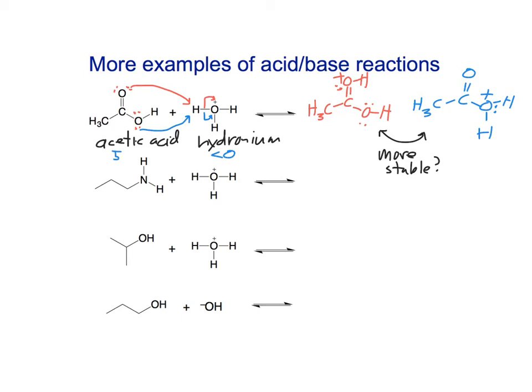Well, we want to look at the types of things that we've learned about stabilizing charges. If we can spread out the charge, then that will make it more stable. So is there a way to spread out the charge on one of these compounds?